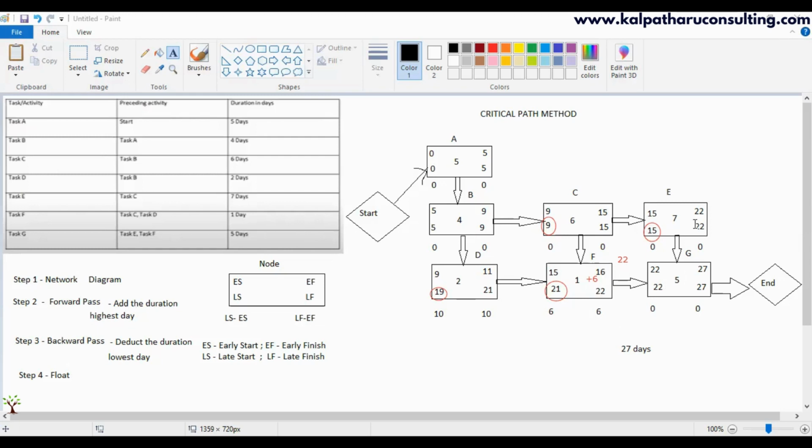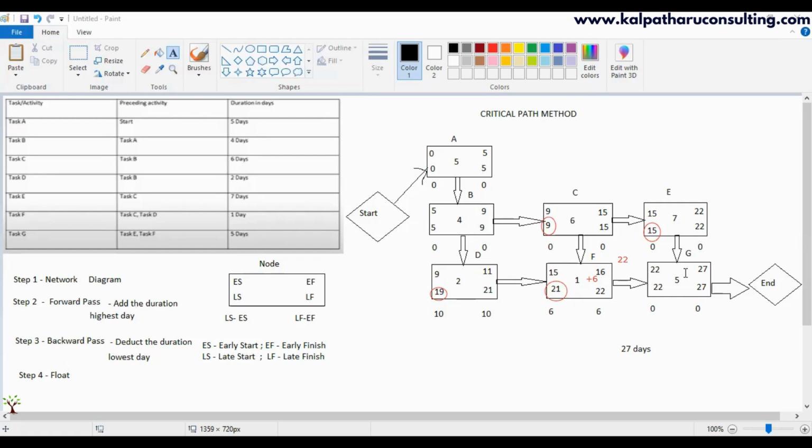Float exists because of the interdependency. E and F both have to be completed, only then you are going to start G. That is where you get this float. It doesn't mean that you have to delay, but even if you delay by the float, 6 days, it will still not impact the schedule.